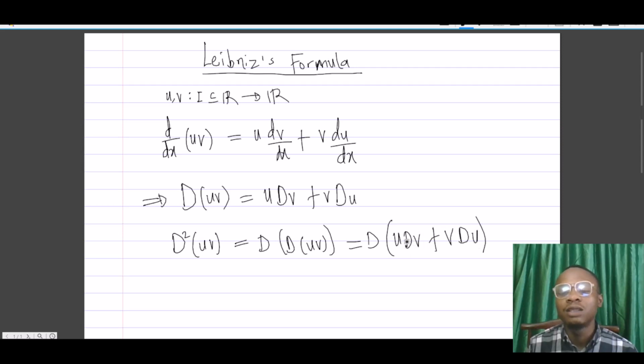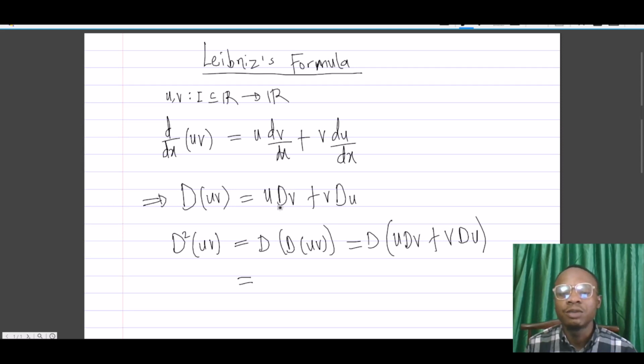And we know that for us to complete this, what we have here is itself a product of two functions. That is, u Dv is a product of two functions because we expect that the derivative of v could also be a function of x. So this is itself a product of two functions.